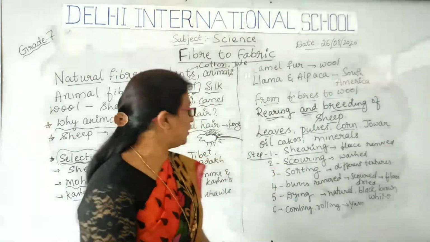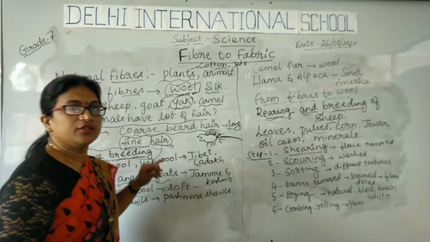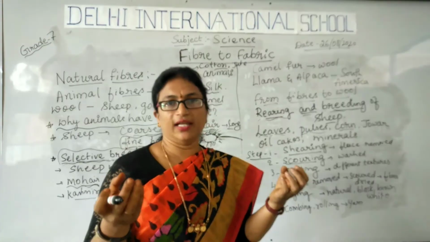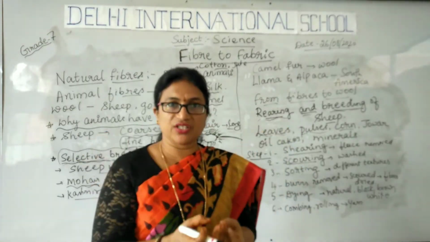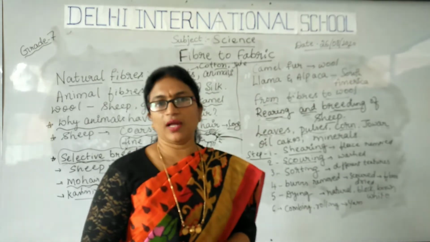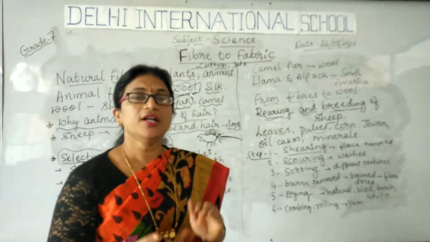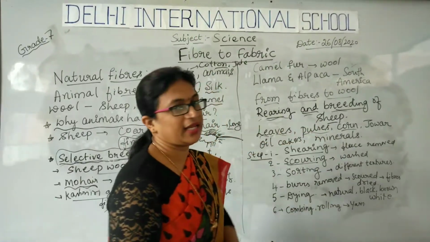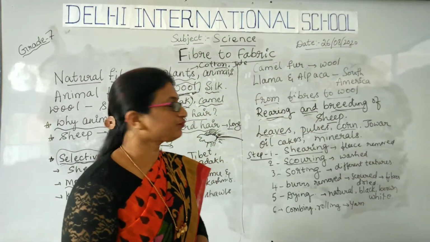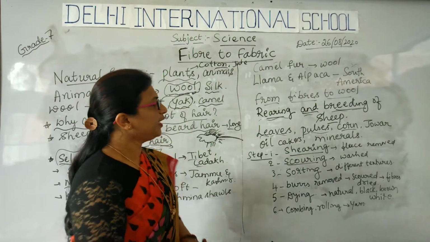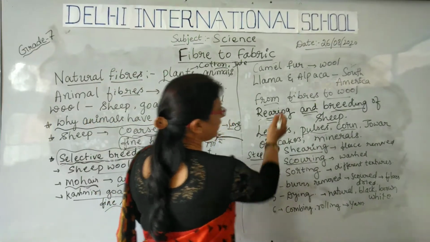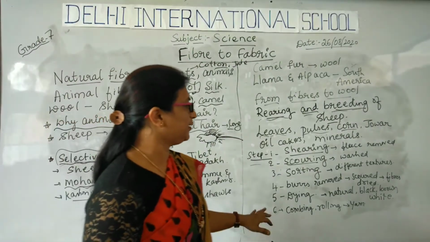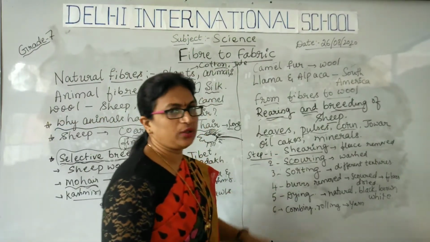Breeding, as I already told, is selective breeding, where healthy parents bearing good quality wool are mated, so that good quality progeny, or the child, is bred in order to get good quality sheep. Then, during the conversion of fibers to wool or yarn, several processes have to take place.